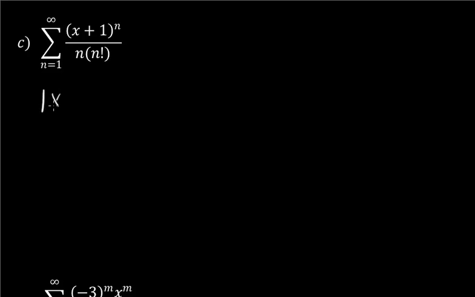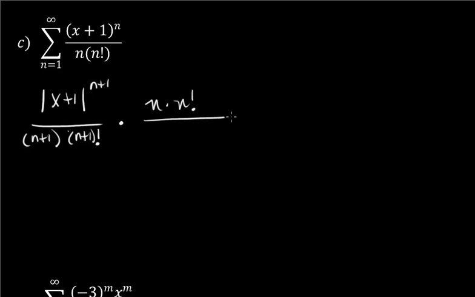So I'll have the absolute value of x plus 1 to the n plus 1 over the quantity n plus 1 times the quantity n plus 1 factorial. And then inverting and multiplying, I have n times n factorial over the absolute value of x plus 1 to the n.